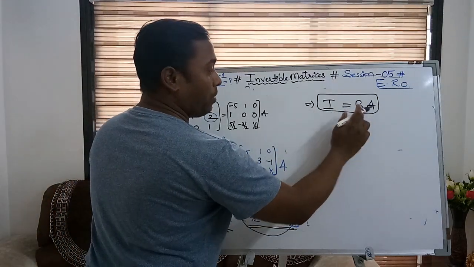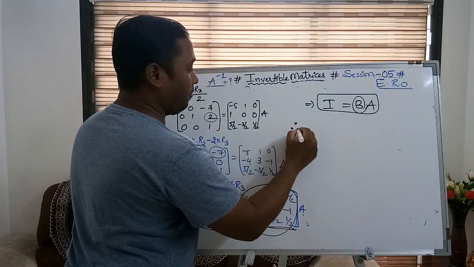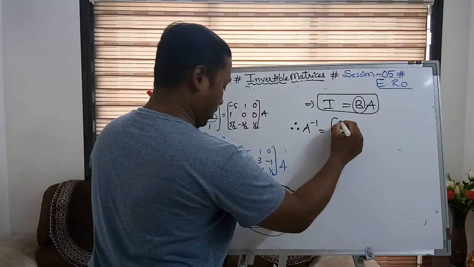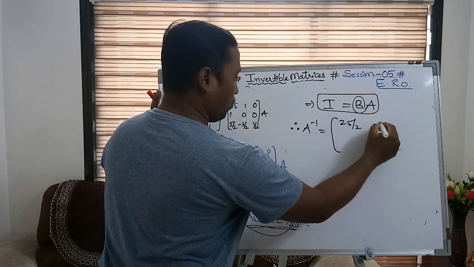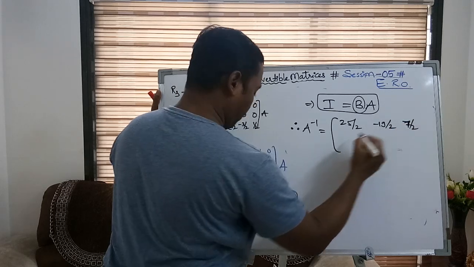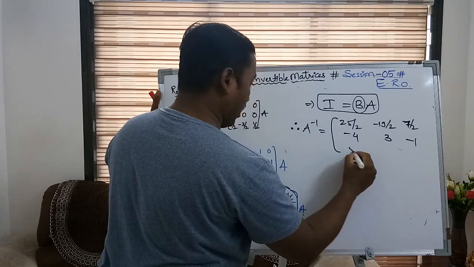Hence I equals B into A, hence B is called the inverse of A. Therefore A inverse is written as the matrix 25 by 2, minus 19 by 2, 7 by 2, and minus 4, 3, minus 1, 5 by 2, minus 3 by 2, 1 by 2.